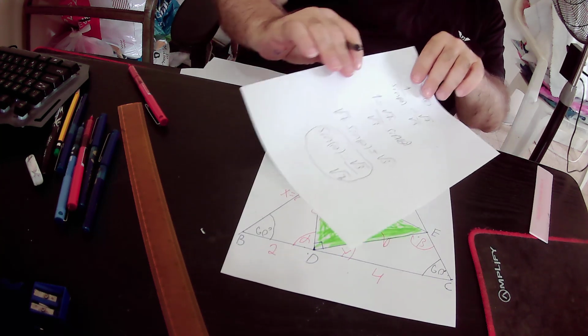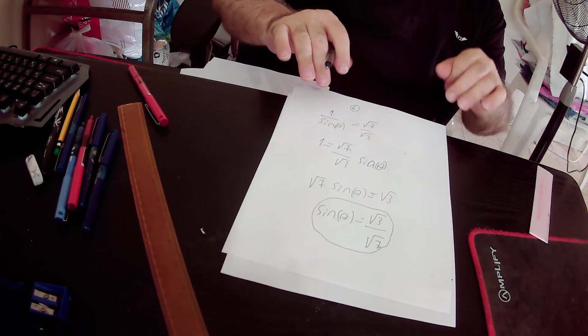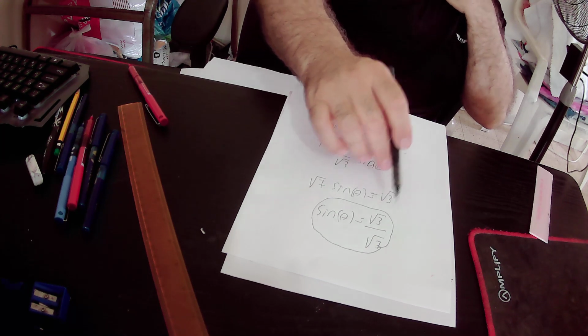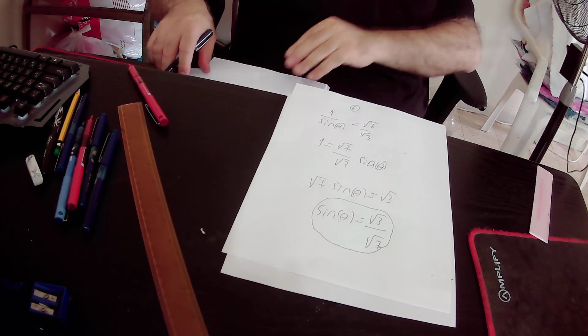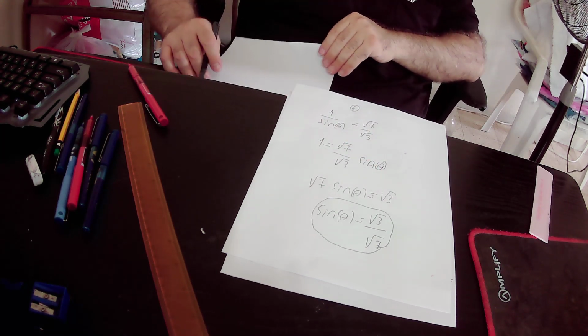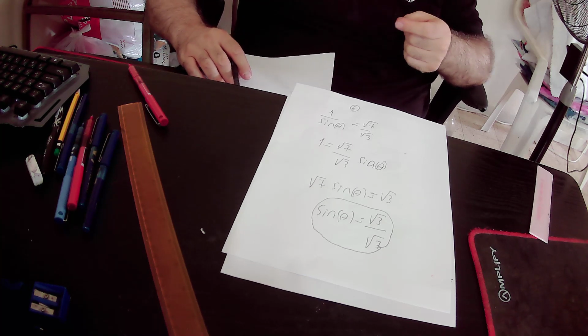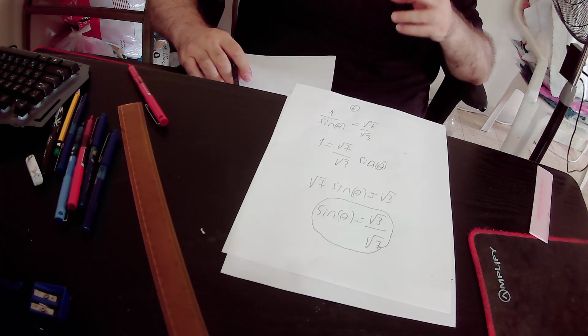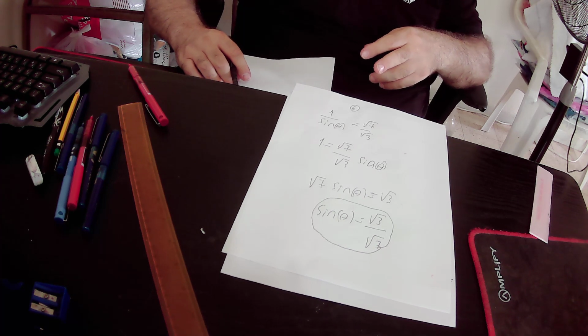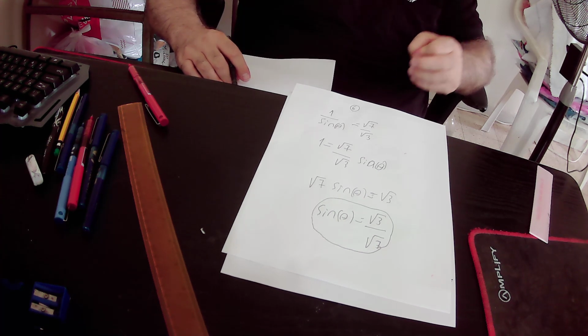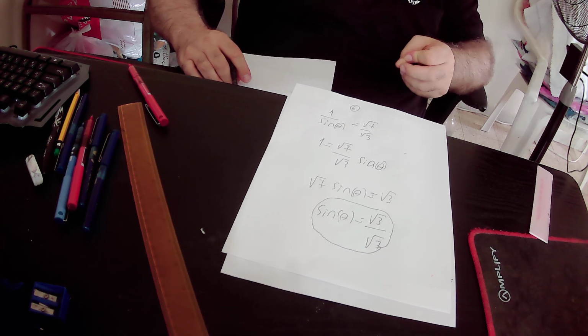Okay, so we got the value of sinus theta. In the next step, we will get the value of cosinus theta by using the following trigonometric identity.